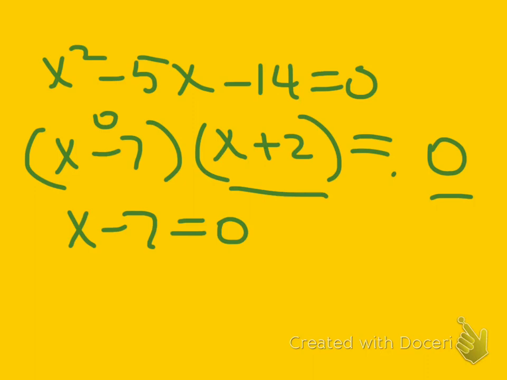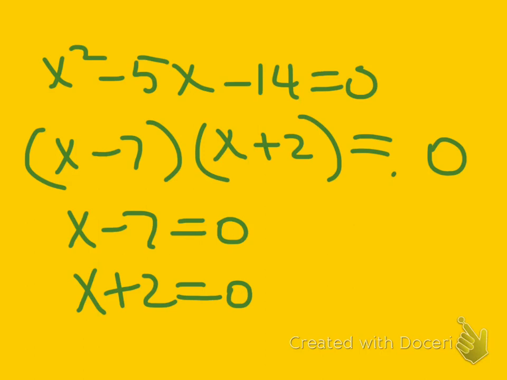If x plus 2 is 0, the x minus 7 times 0 would also be 0. So what minus 7 equals 0? 7. You could just add 7 to both sides and get x equals 7.